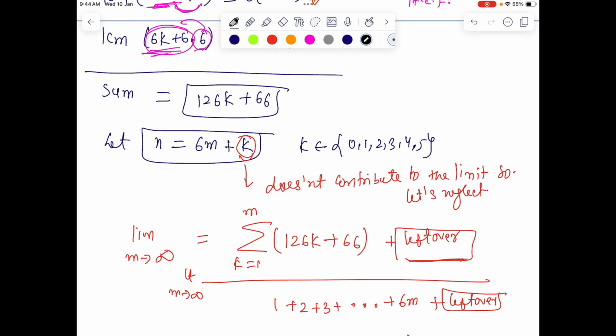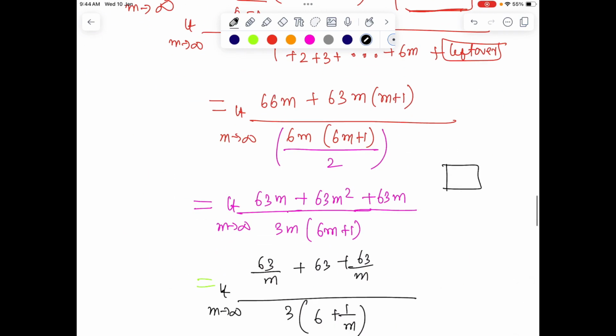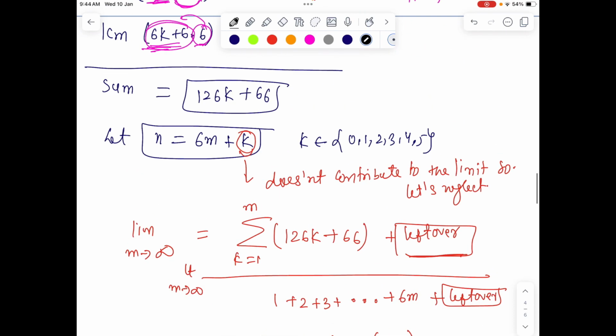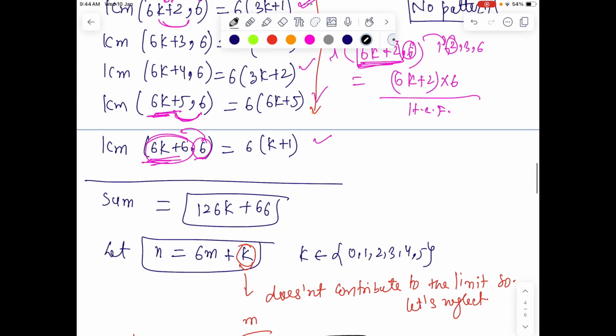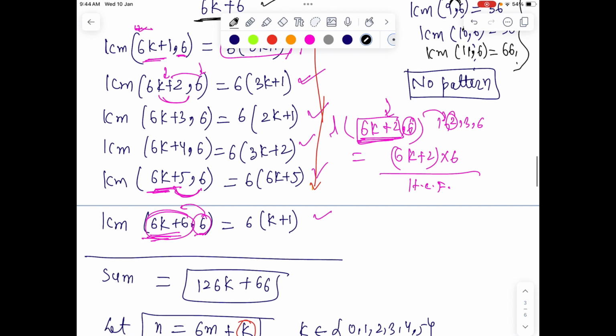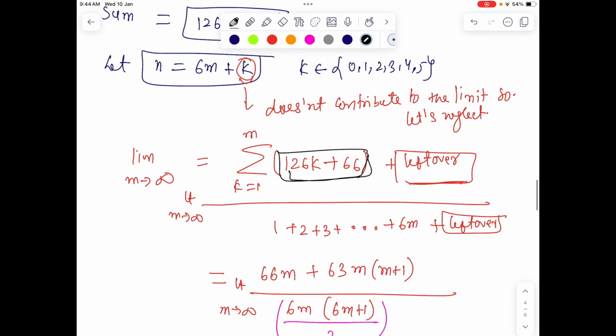So similarly, we'll divide this entire problem into boxes of multiples of 6. So let's suppose we have m boxes, 1, 2, 3 and so on and so forth. Every box will contain numbers leaving remainder 0, 1, 2, 3, 4, 5, right? Similarly, the other box 0, 1, 2, 3, 4, 5, 0, 1, 2, 3, 4, 5. So basically we need to add 126k plus 66, which is the LCM of any numbers with remainders 0 to 5.